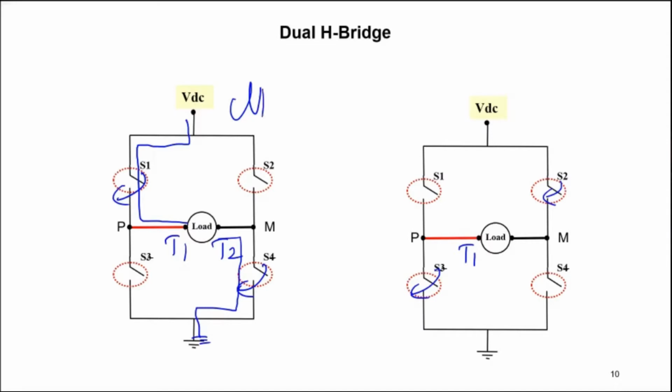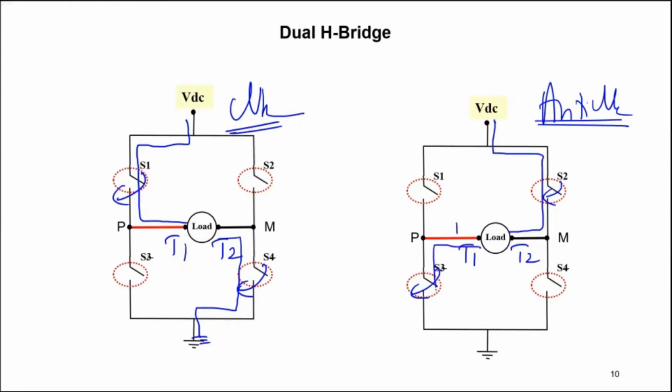This is clockwise, this is anti-clockwise. In this case, terminal 2 is connected to the power supply and terminal 1 is connected to ground. So by simply reversing these switch connections, you can make the motor rotate clockwise or anti-clockwise.